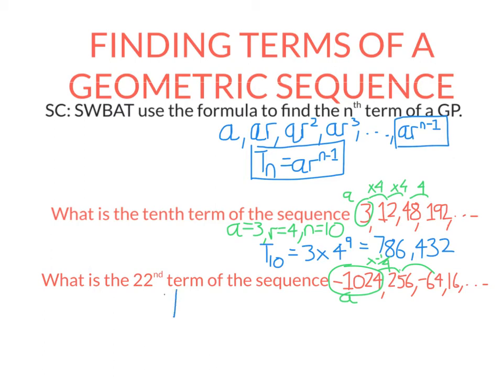So this time I want T22, so I want N to be 22. It's just going to be A times negative 1/4, which is R. So whenever you're substituting a negative, put it in brackets, and then I'm going to raise that to the power of N minus 1. So, putting that on our calculator, we get a very, very small number. So this is getting very small quickly. It's another example of an exponential.